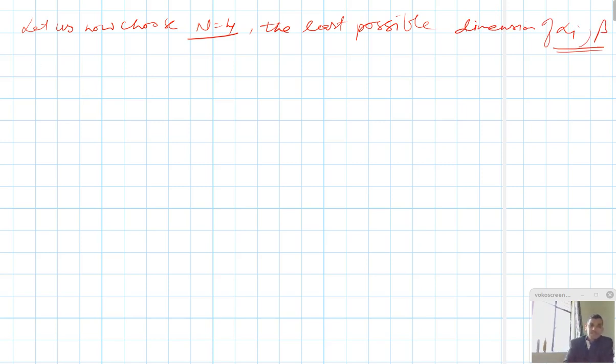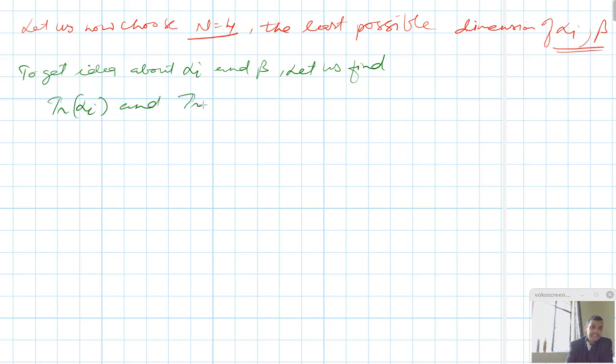So to get an idea about alpha i and beta, let us find the trace of alpha i and the trace of beta.